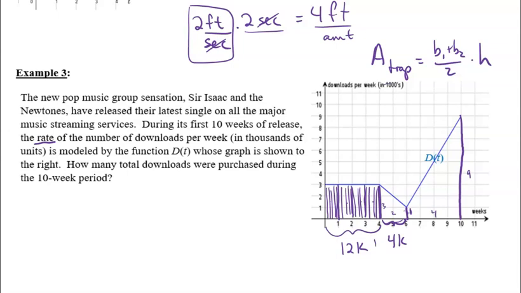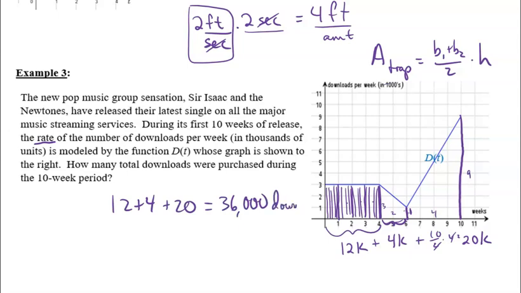Let me add these all together. Okay, so 10 over 2 times 4 is 20. So another 20,000 downloads in those last 4 weeks. Okay, so our total number of downloads is 12 plus 4 plus 20, so 36,000 downloads.